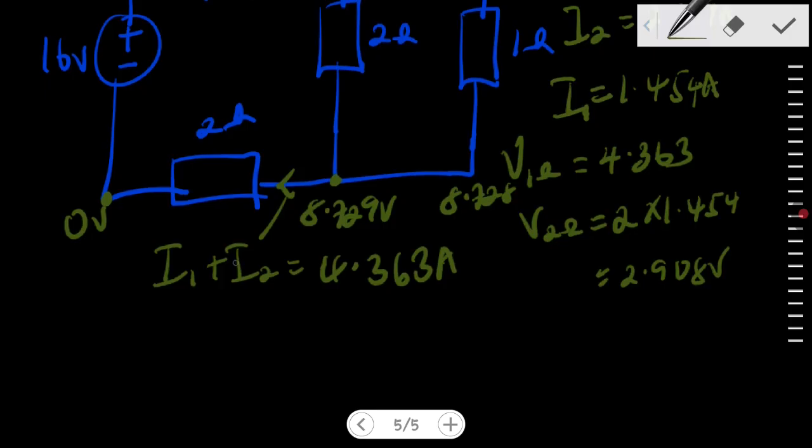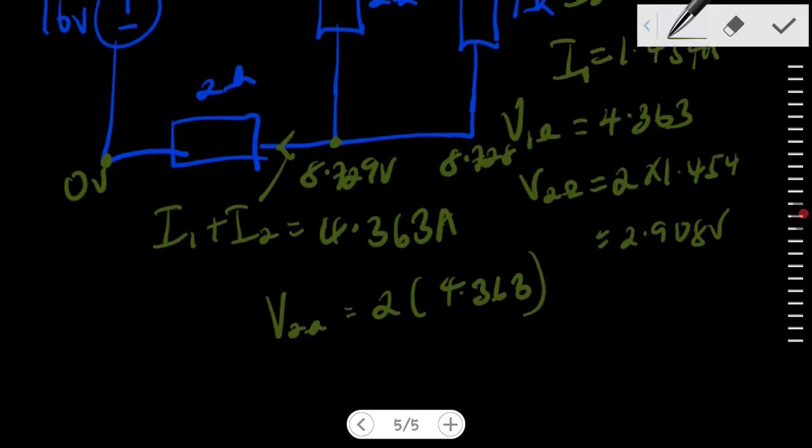That means the PD across the 2 ohm resistor would be equal to 2 into 4.363, right? So 2 times that, we shall be having 8.726 volts, right?